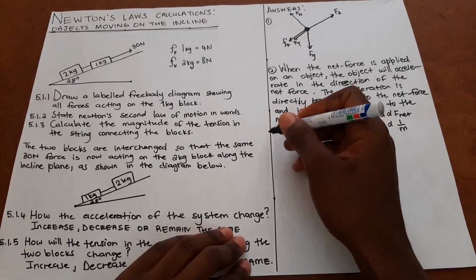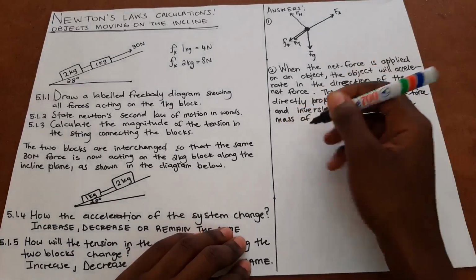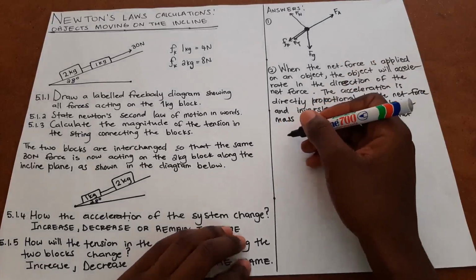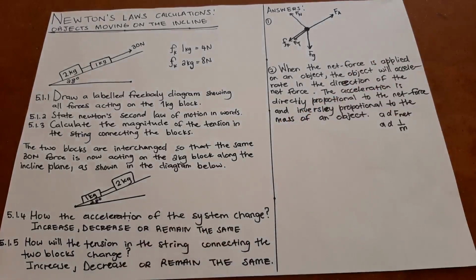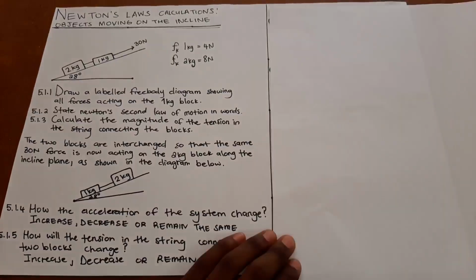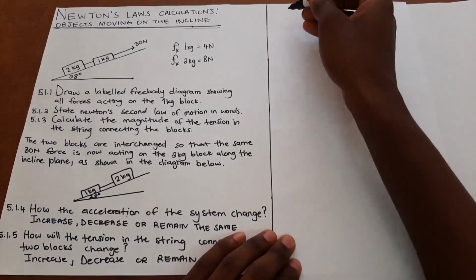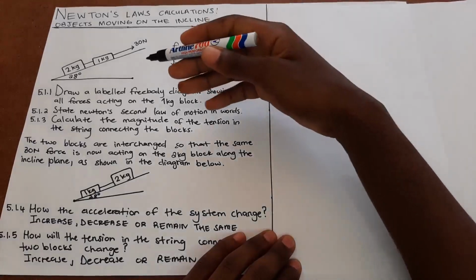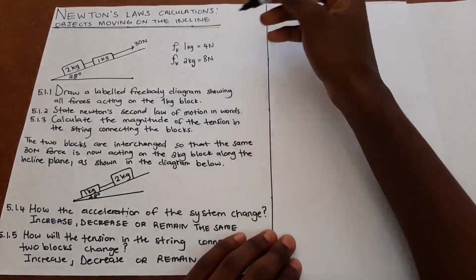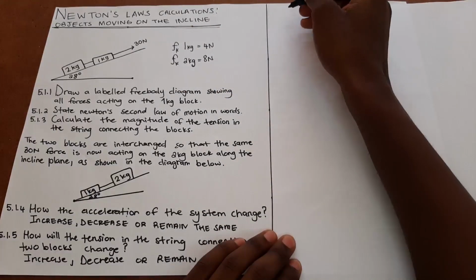We are just going to draw, let me write the components on a different paper. I'm just going to write on this board the components for the 1 kg block and the components for the 2 kg block.